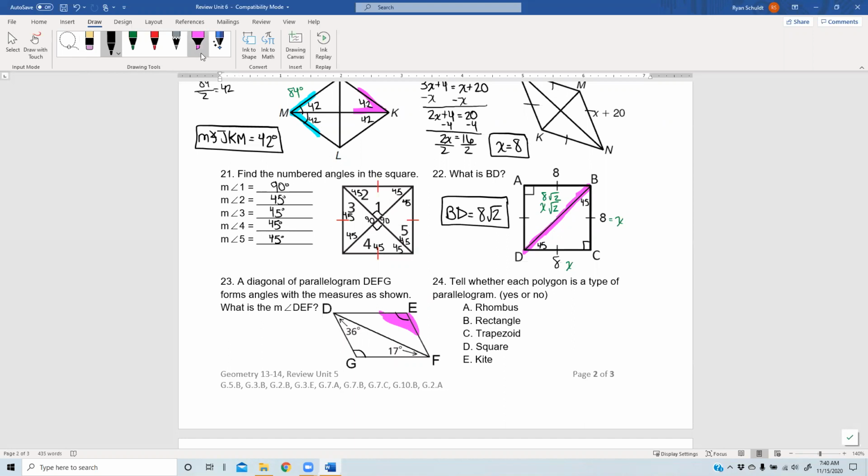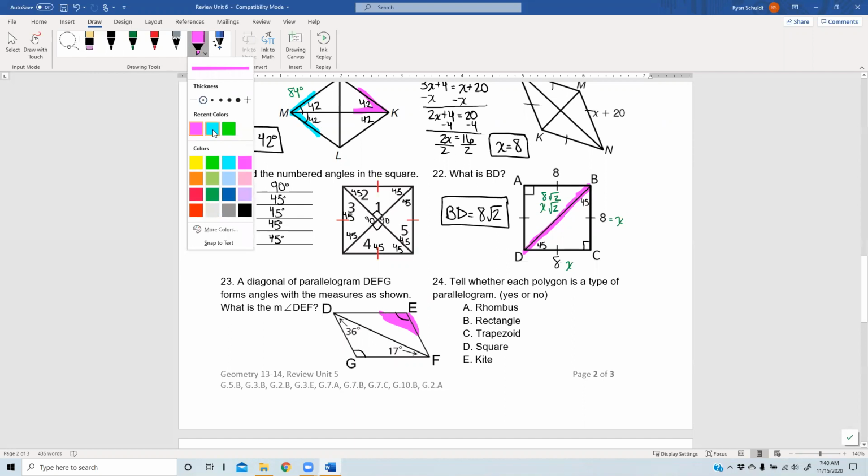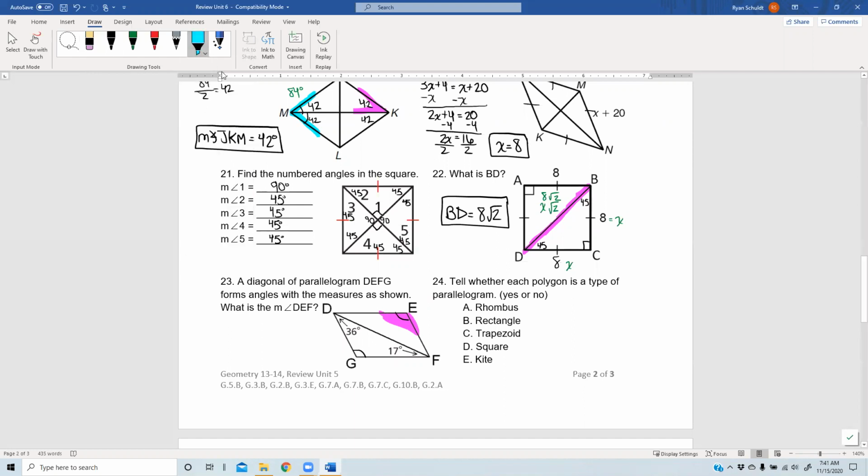Well, what do we have here? If we look just around this one, we've got ourselves a triangle. That's a triangle right there. So we can do 36 plus 17. That's going to give us 53.